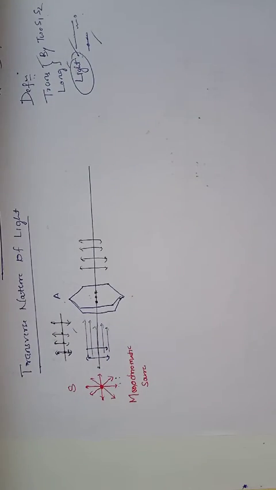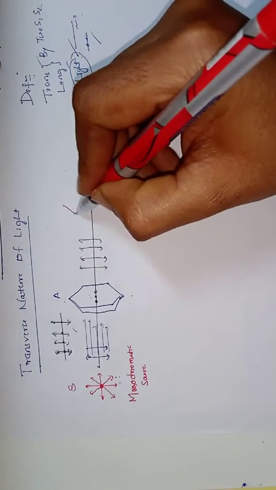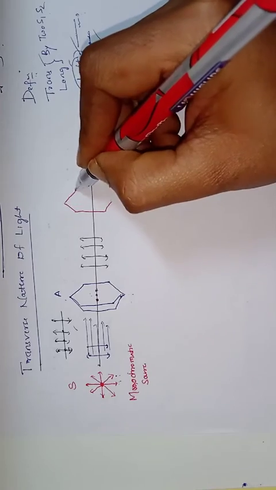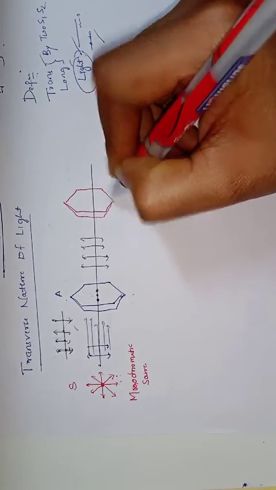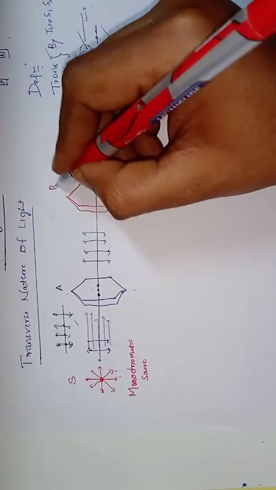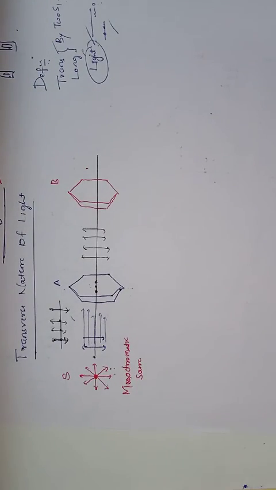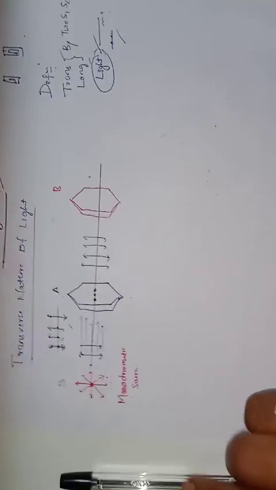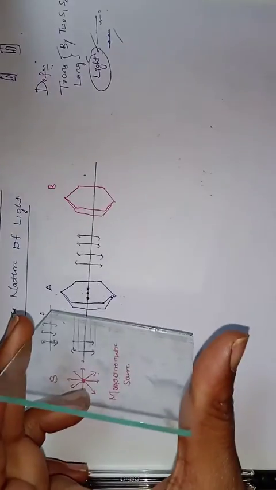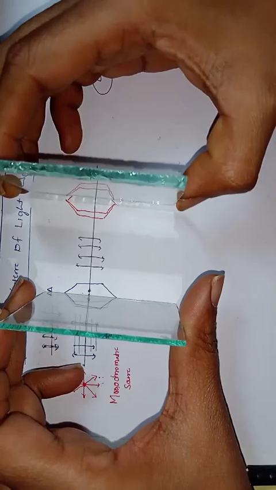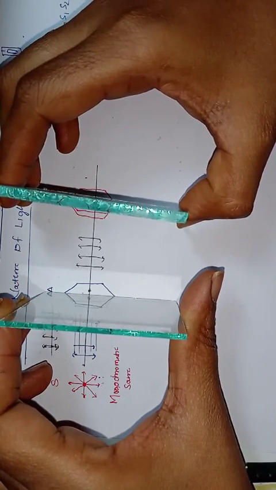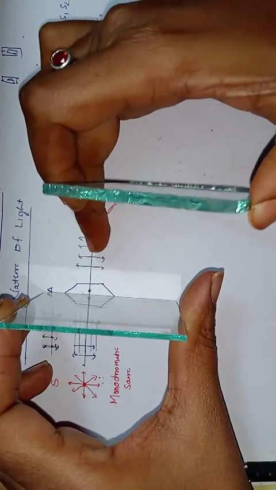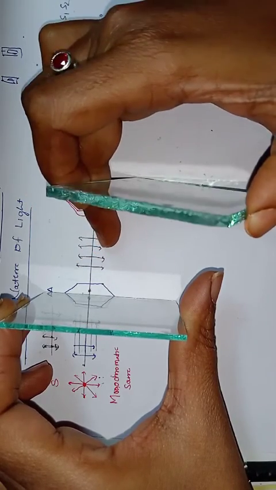Similarly, if I keep one more tourmaline crystal here, what happens? This is our first crystal and this is our second crystal. When I place them parallel together, only plane vibrations are there.